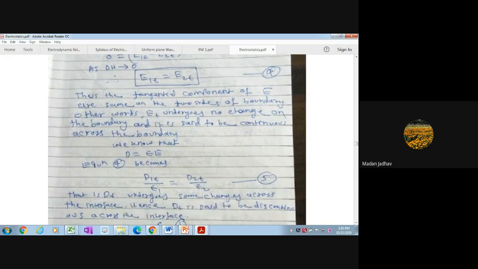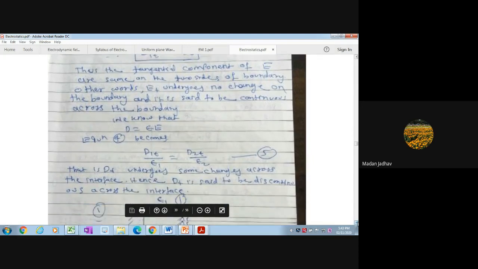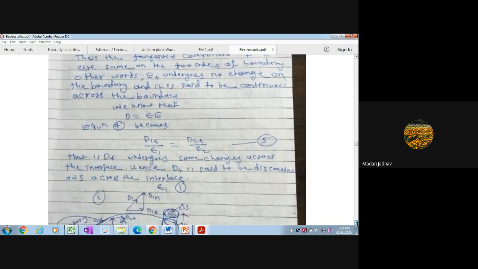The magnitude of the tangential component of electric flux density will not be the same. It depends upon the ratio of the permittivity of medium 2 to that of medium 1, and therefore that component is discontinuous, or its value is different.